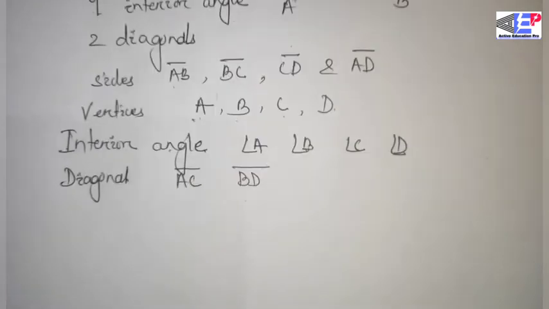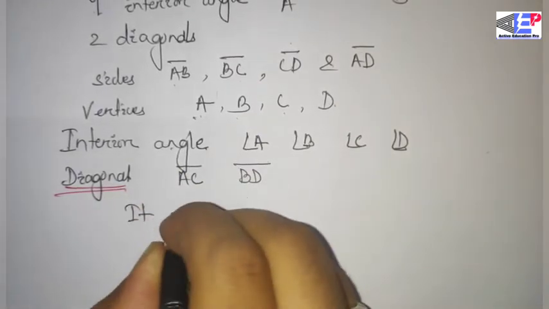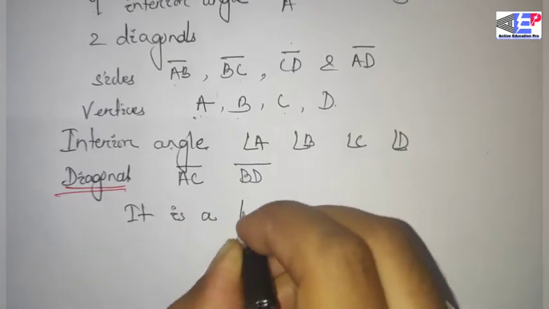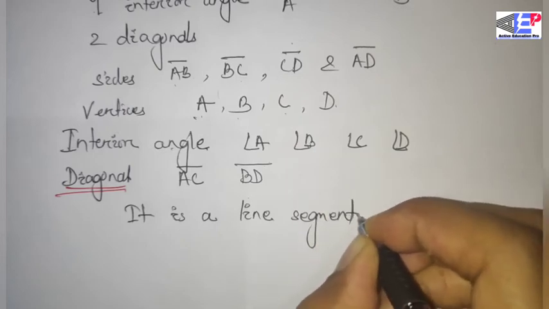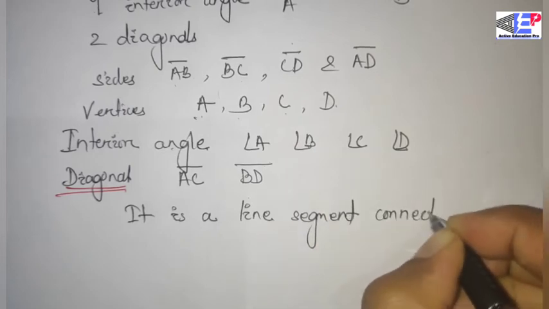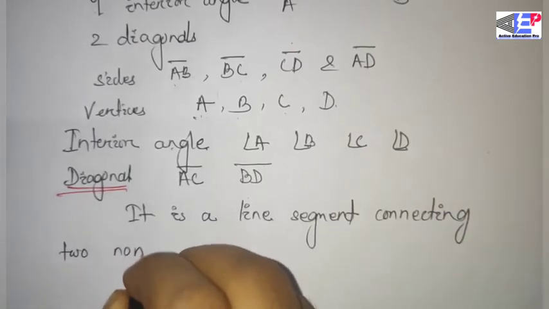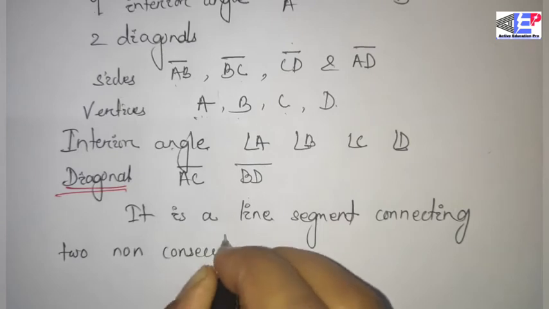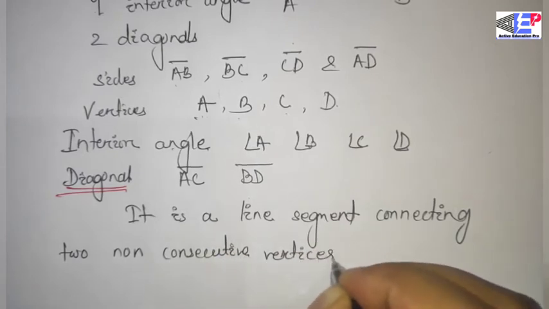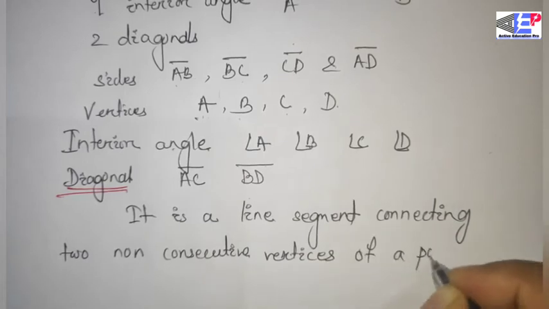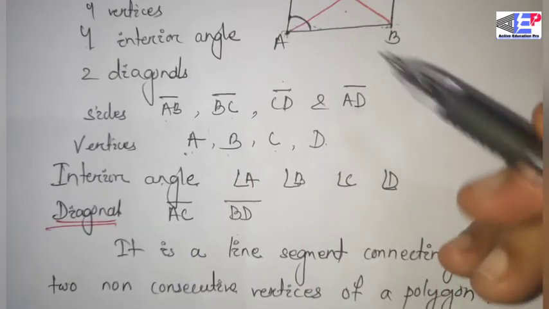A diagonal is a line segment connecting 2 non-consecutive vertices of a polygon. Look here.